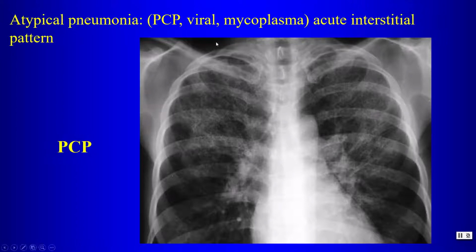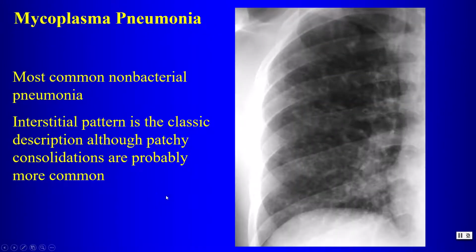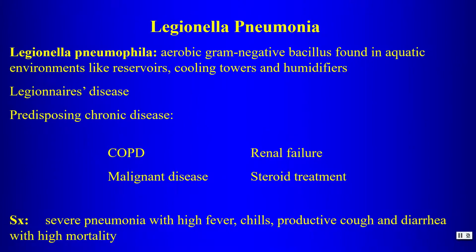So atypical pneumonias we can see with pneumocystis, viral, mycoplasma, and these give you an acute interstitial pattern of opacities on the chest radiograph. So Mycoplasma pneumonia is the most common non-bacterial pneumonia here. Of course, we're leaving COVID out of the discussion here.